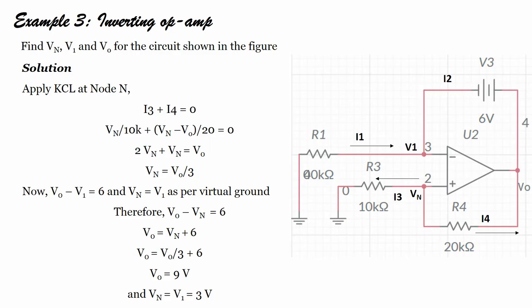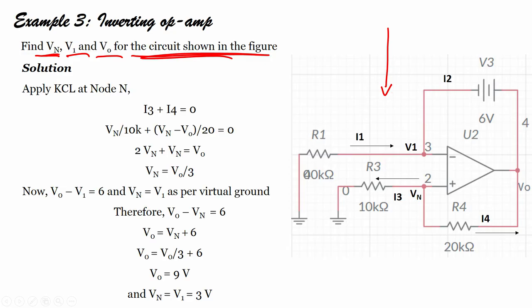Let us see one more example. I am giving you more examples so that you can understand how to solve the problem when you are given a circuit. So, find Vn, V1, Vo for the circuit shown here. For this particular circuit we have to find a lot of things.